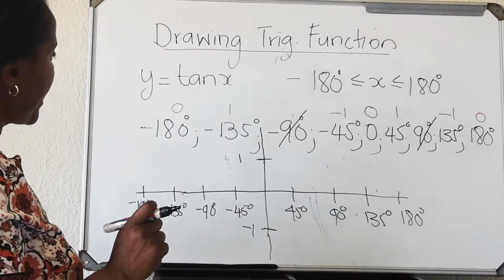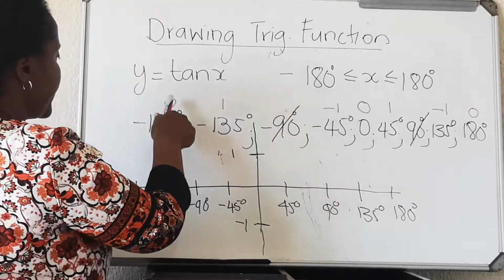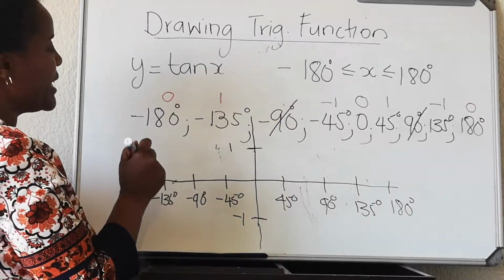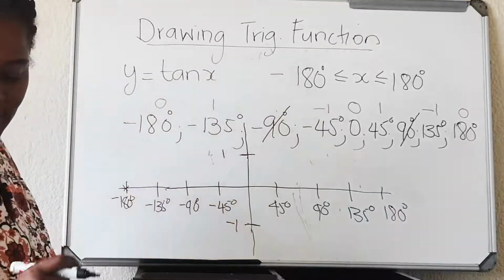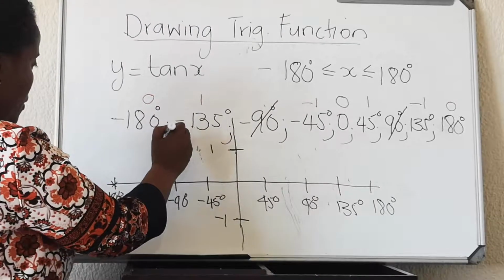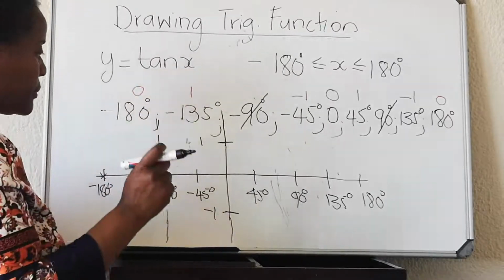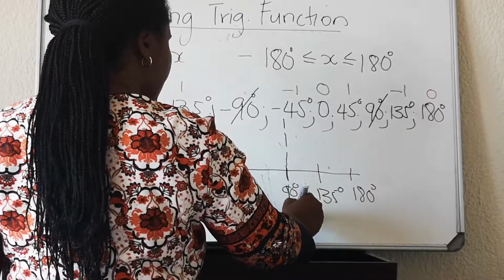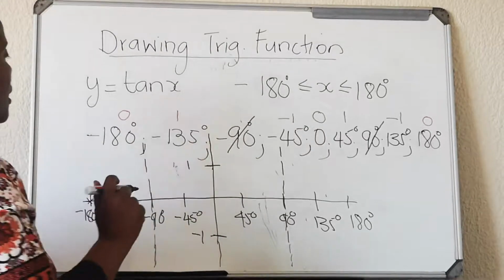Now let me put in my coordinates. I'm going to start with this one, minus 180 and 0. Oh, before you do the coordinates, go and draw the asymptotes. Get your ruler and draw a straight line on each asymptote, before you even put the coordinates, so that you remember this is a line my graph goes towards, but will not touch.